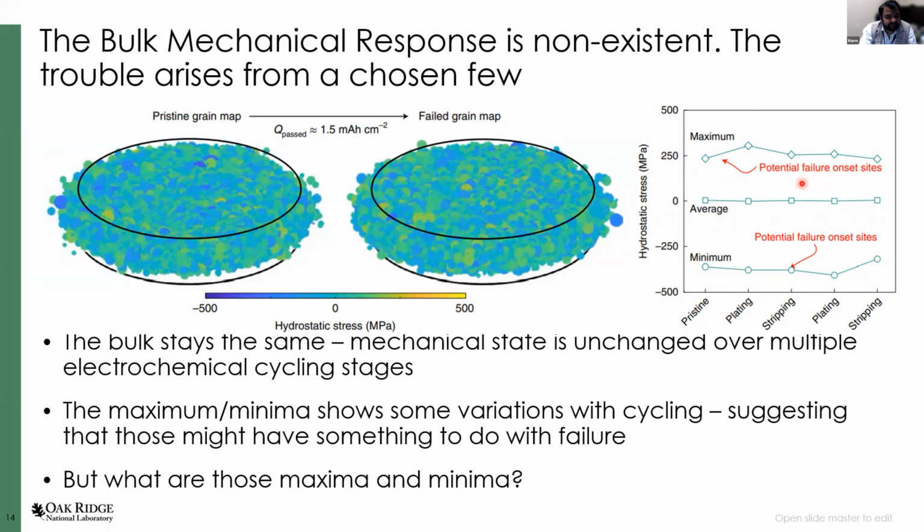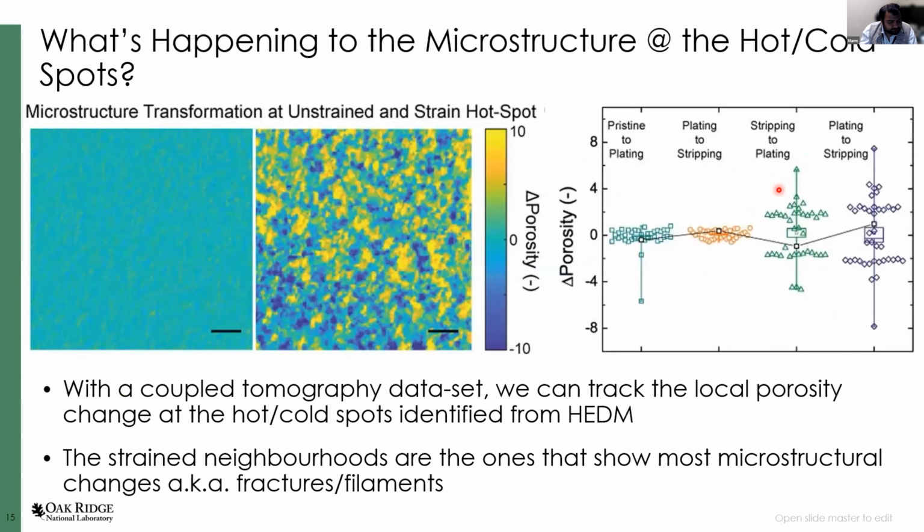This led us to think that the degradation and failure mechanisms occurring in the solid electrolytes are not linked with the bulk material, but probably with these minimum and maximum stress regions. Since we had a corresponding tomography scan, we were able to geographically locate the regions of these hotspots and cold spots within the grain maps to a physical location in the tomography scans.